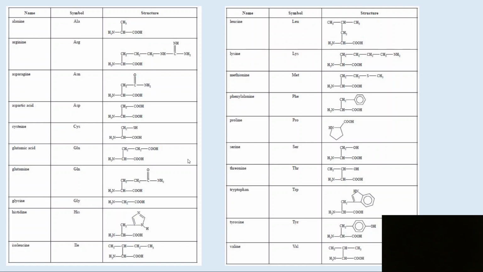Here we go. Here they all are. Alanine, arginine, asparagine, aspartic acid, cysteine, glutamic acid, glutamine, right? Different. GLU versus GLN.